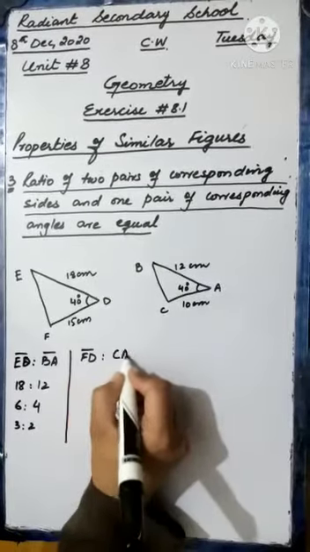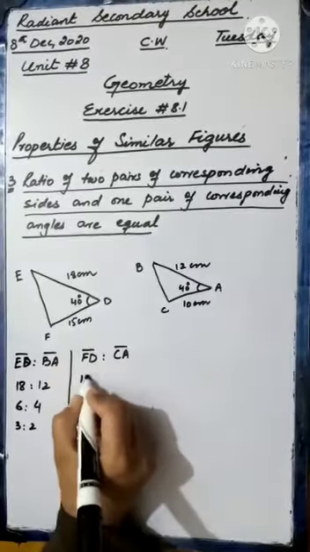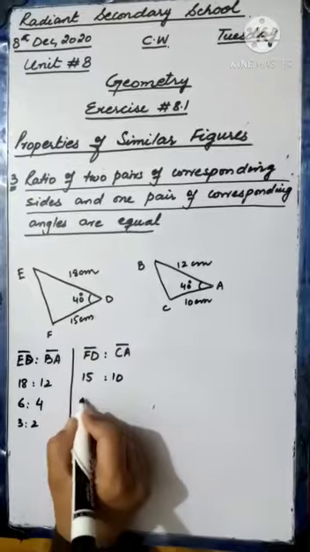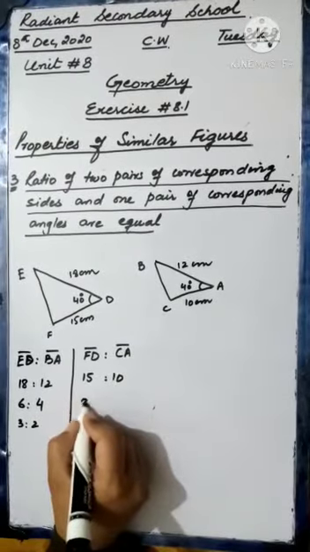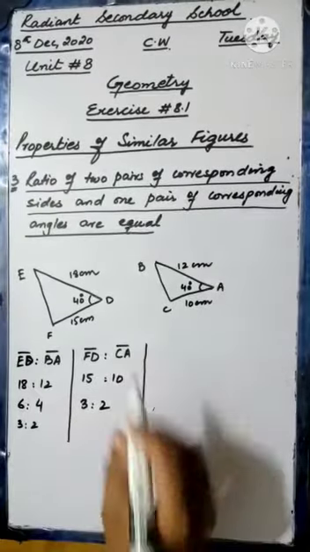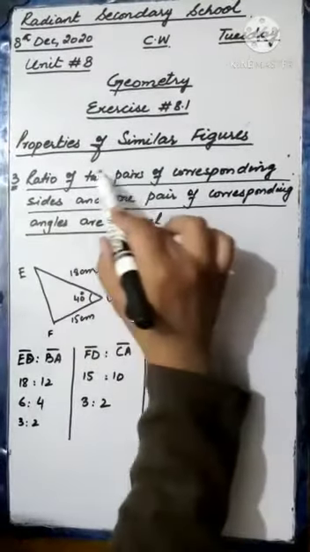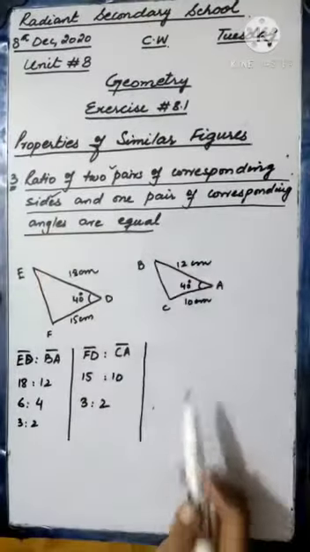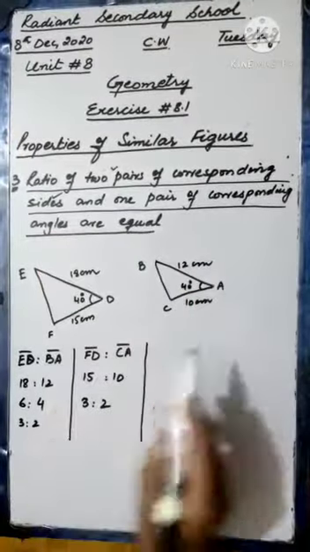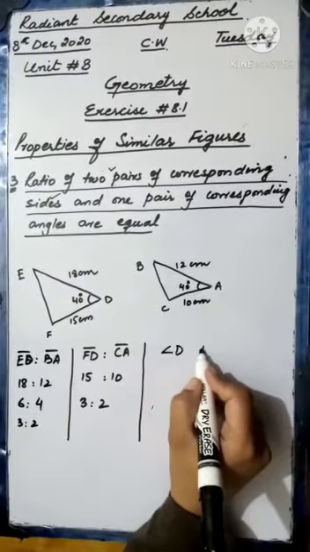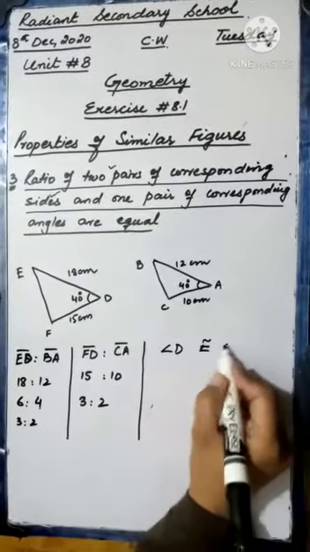FD to CA is equal to 15 to 10, and 3 we will do with 5. 5 into 3 is 15. 5 into 2 is 10. It is also 3 ratio 2. Okay, now we are done with two pairs of corresponding sides and one pair of corresponding angles. You can see angle D is congruent to angle A.